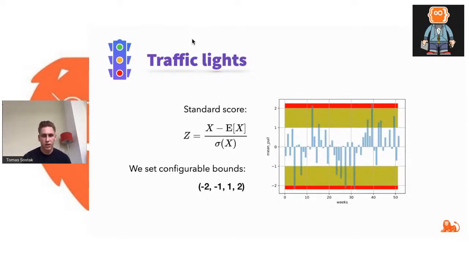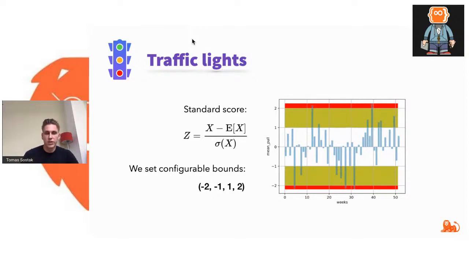traffic light rules, which is based on the standard score. So what we do, we compare each bin to the reference data. If you look at the formula for the standard score, we compare each bin to the expected value for that distribution, and we divide by the standard deviation of that distribution.